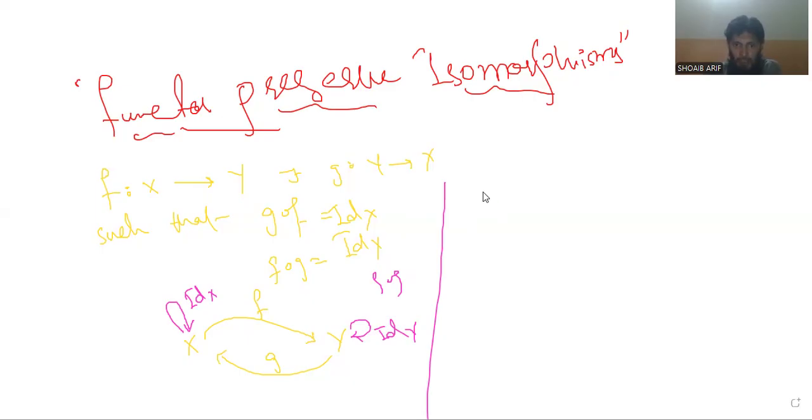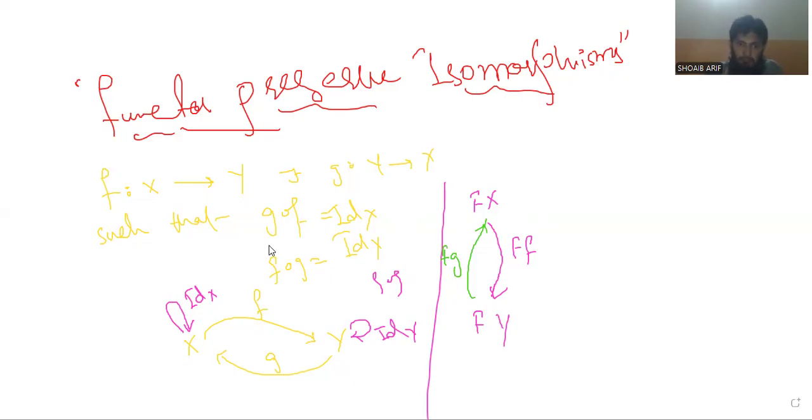Let's say the functor F sends X to F of X and sends Y to F of Y in category D. It sends f to F of f from F of X to F of Y, and sends g from F of Y to F of X according to the definition of functor.